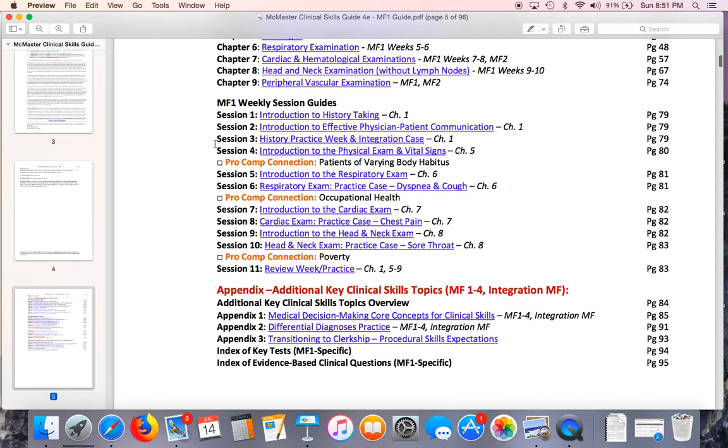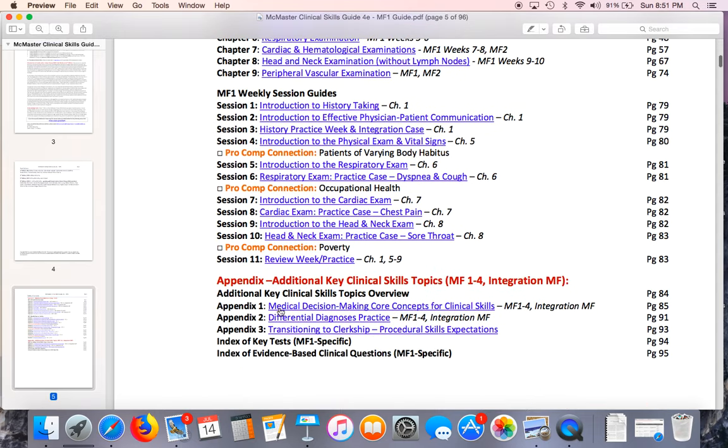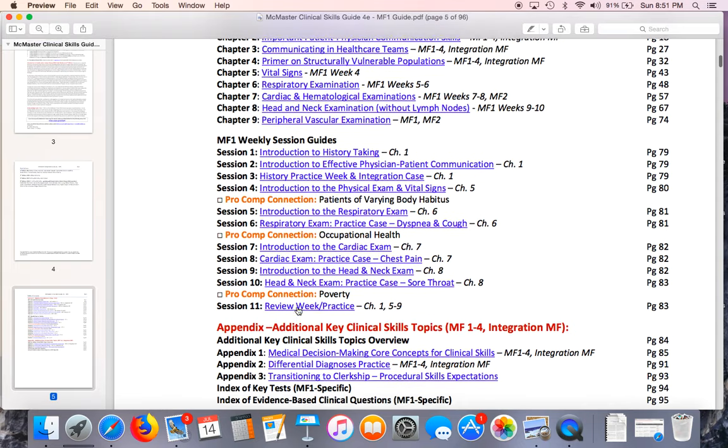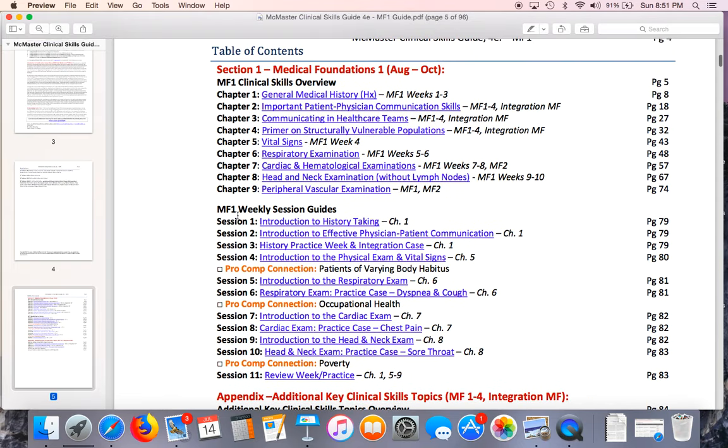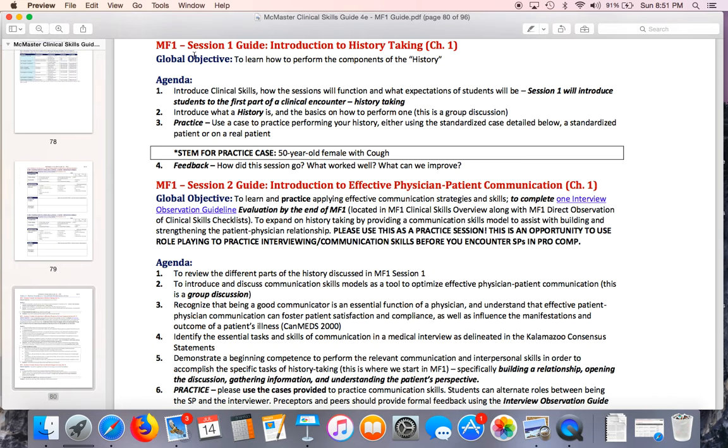And then if you go down, there's a bunch of different appendices that you can look into, but I don't want to highlight that too much right now. So the MF1 weekly skills, these are all hyperlinks, so you can click to session 1. Session 1 will show you the global objective, which is to learn how to perform the components of the history, and the agenda, introduction to clinical skills.